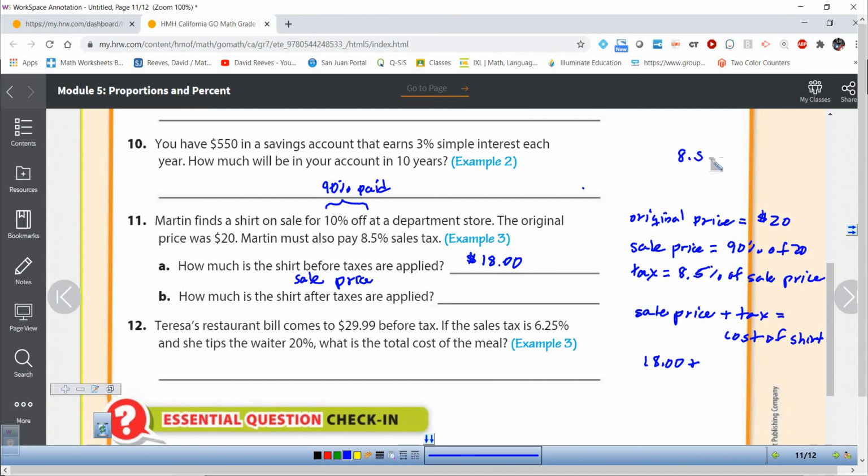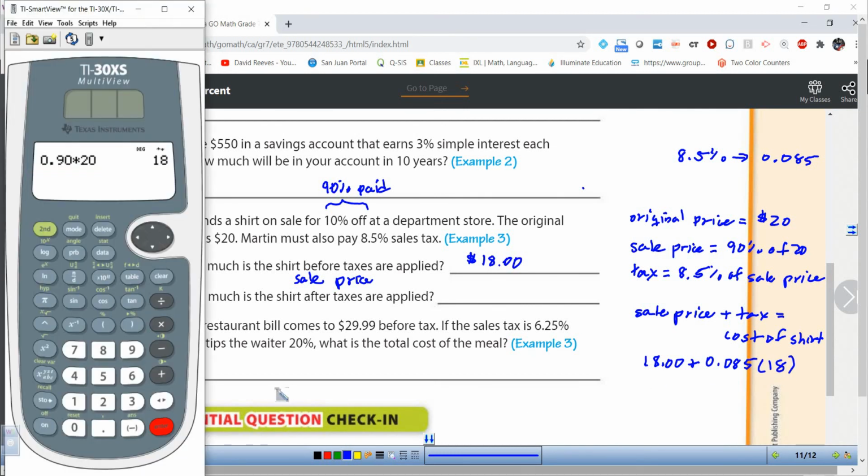And remember, we're changing all of our percents to decimals, 0.085. 0.085 times 18. So again, back to my friendly neighborhood calculator. $18, that's the sale price of the shirt, plus 0.085 times 18. That gives me a total of $19.53.